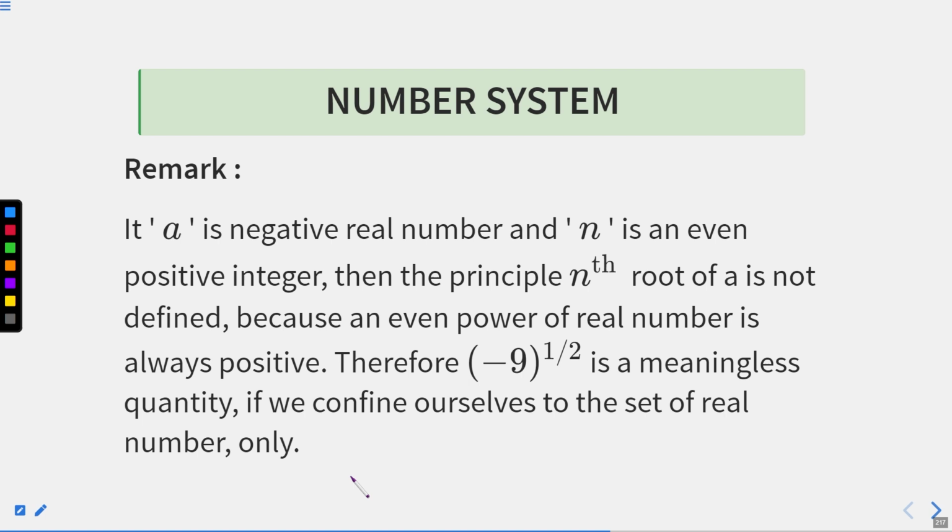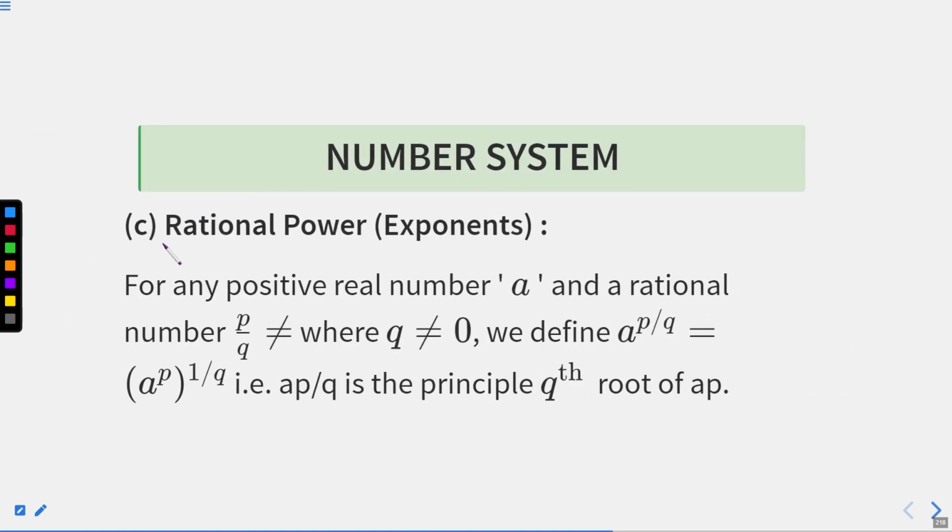Let's move further to rational powers. So what about rational powers? If a is any positive real number and we take a rational number p upon q, where q must not equal 0, we define a^(p/q) like this. From an example, let's say p by q is 3 by 2.